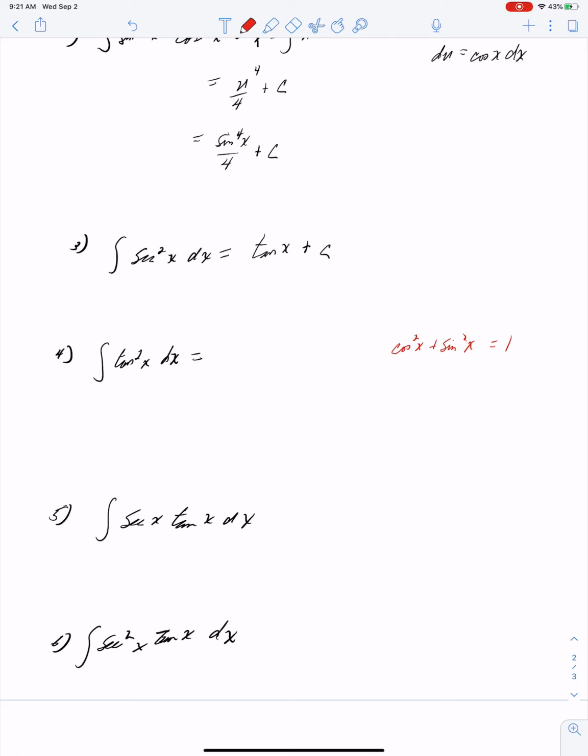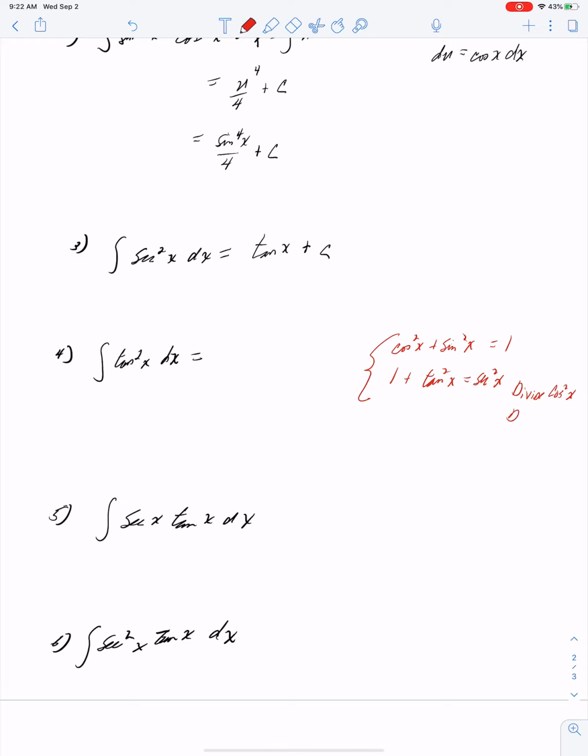Now, if I divide by cosine squared x, what do I get? 1 plus, now I get what? Sine squared over cosine squared. That is tangent squared x, plus 1 is 1 over cosine squared x, which is secant squared x. That is one of the 3 Pythagorean identities.